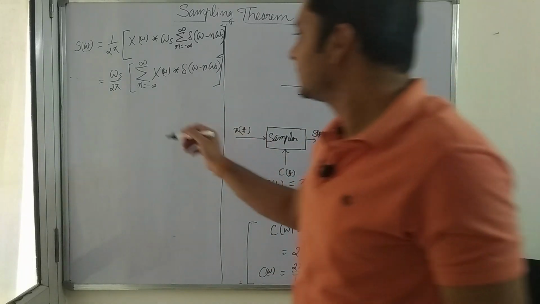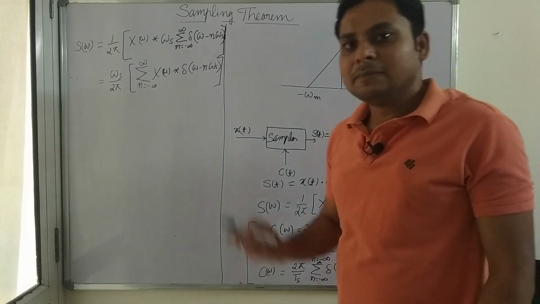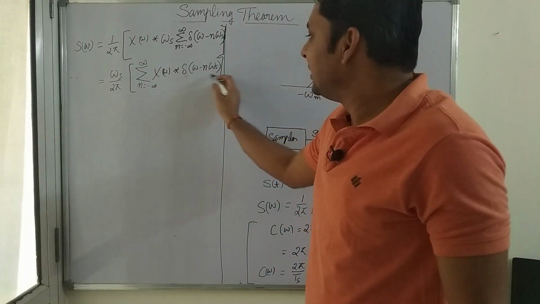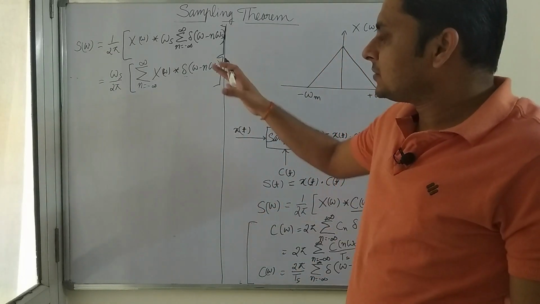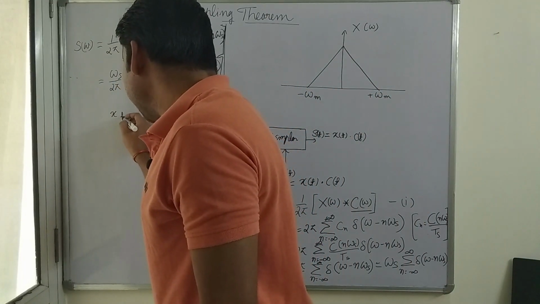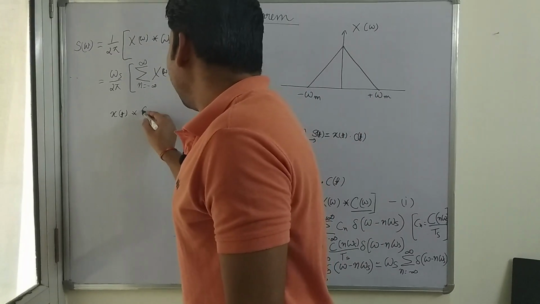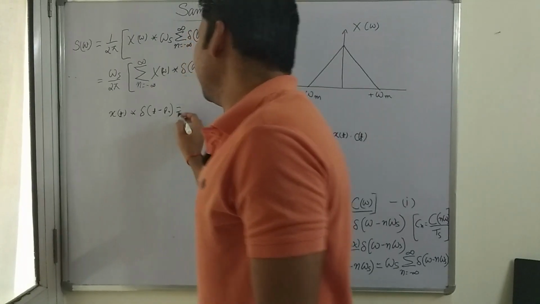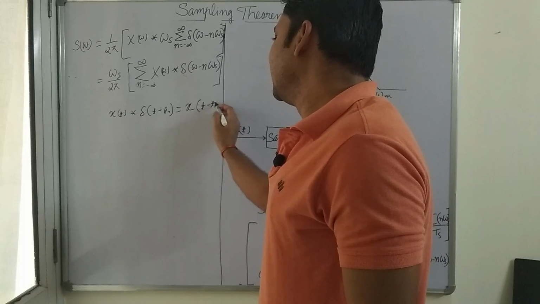Now, by the property of the unit impulse function, look here, this is a unit impulse function. By the property of the unit impulse function, we will solve it. One property is that if x(t) is convolved with delta of t minus t naught, then the result is x(t minus t naught).